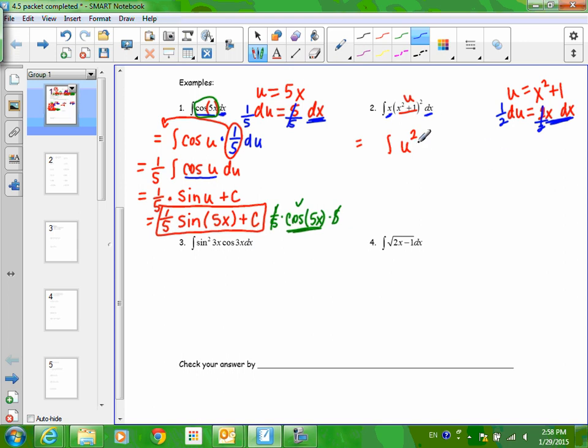Okay, so what you can do, watch what I'm about to do up here. You can go times, and replace the x dx with 1/2 du, or knowing that you're going to move it, what we could have done as well, which I'm going to encourage you guys to do, is just go ahead and move that number to the front of the integral symbol.